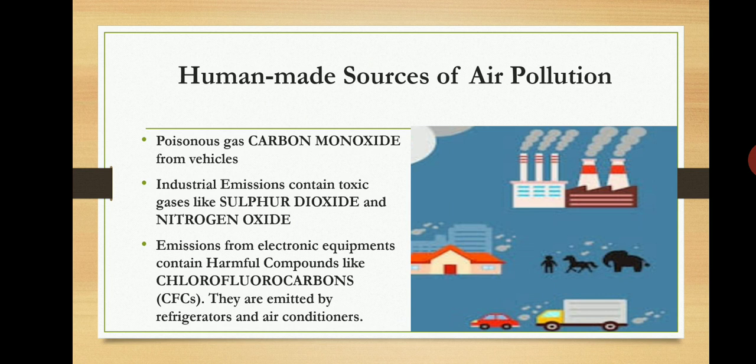Please repeat with me. Human made sources of air pollution are poisonous gas like carbon monoxide from vehicles, industrial emissions containing toxic gases like sulfur dioxide and nitrogen oxide, emissions from electronic equipments that contain harmful compounds like chlorofluorocarbons, CFCs, emitted by refrigerators and air conditioners.